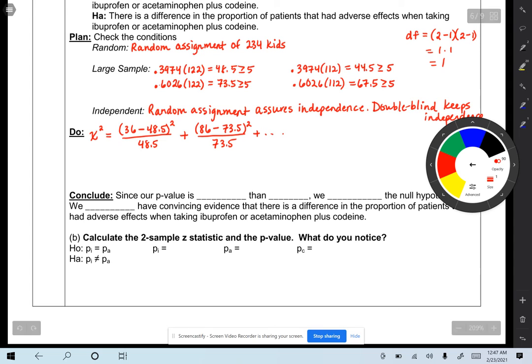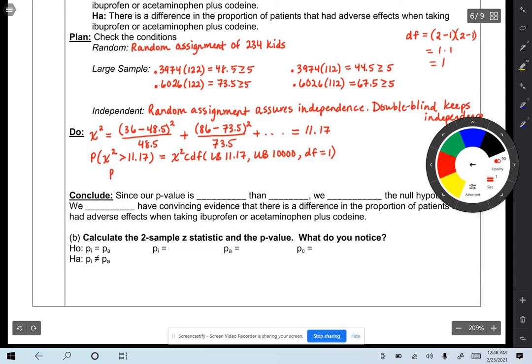I put all of this in my list, and that gave me a chi-squared statistic of 11.17. So our probability of getting a chi-squared greater than 11.17 is chi-squared CDF with lower bound 11.17, upper bound 1,000 or 10,000, something, just put some zeros there, and our degrees of freedom equals 1.